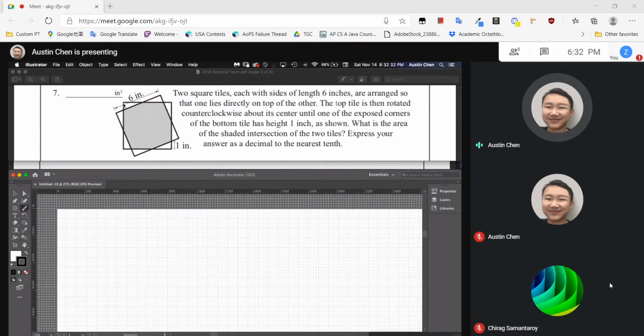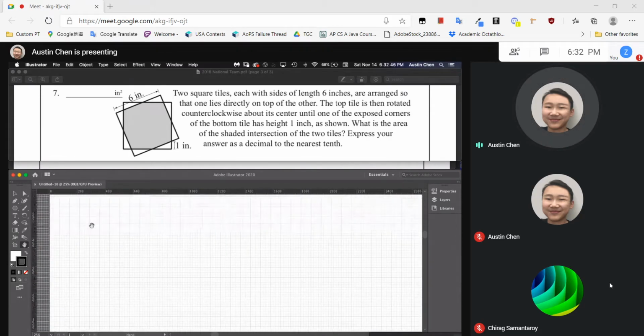So this figure is symmetrical, right? Which means that every little side like this is going to be 1 inch. So like this side, this side and this side, all of those are 1 inch. So let me just draw the figure at the bottom here.